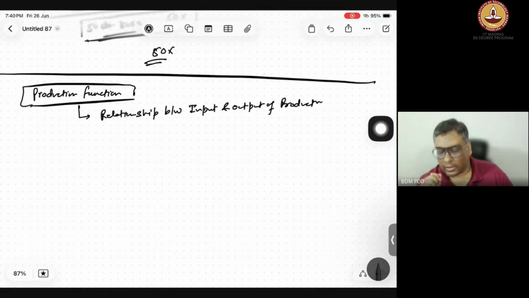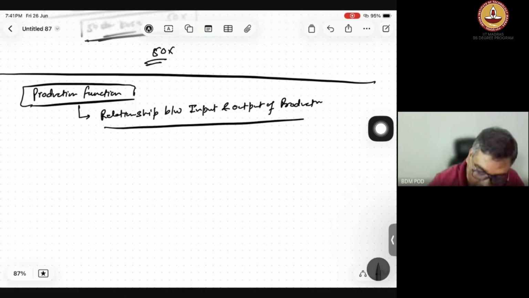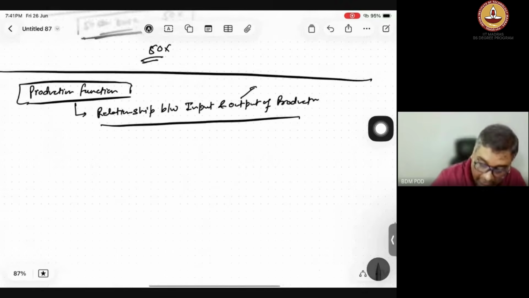Now if you want to maximize the profit of the company, you need to utilize and manage your input resources in such a way that you are getting a maximum output.